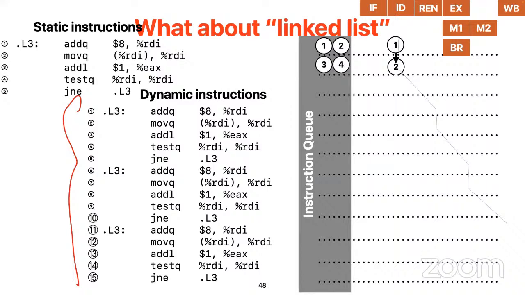Can we execute any of them? I guess we can execute 3, but not 4, because we are only allowed 2 instructions per level. Right. And 4 depends on 1. Oh, actually 2, right?